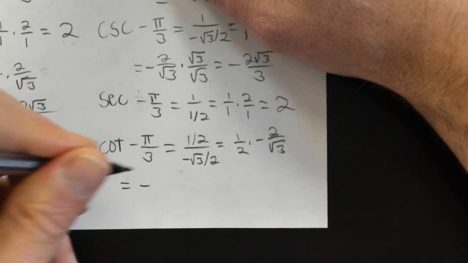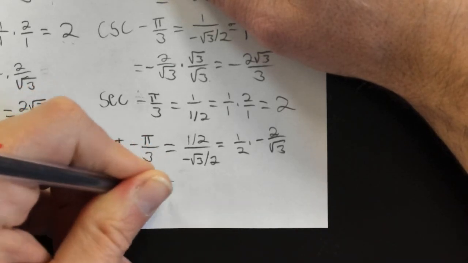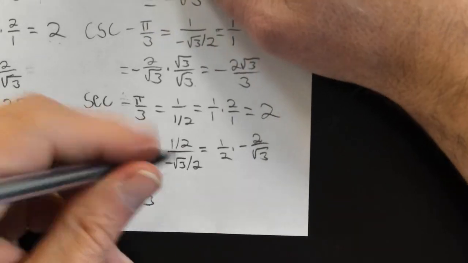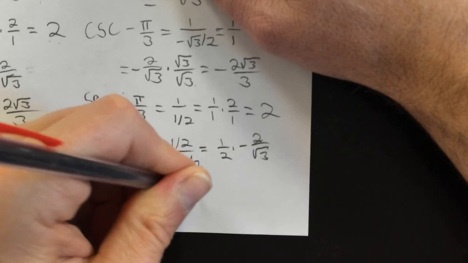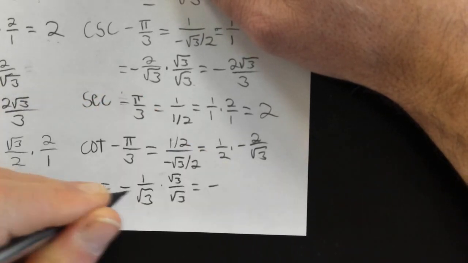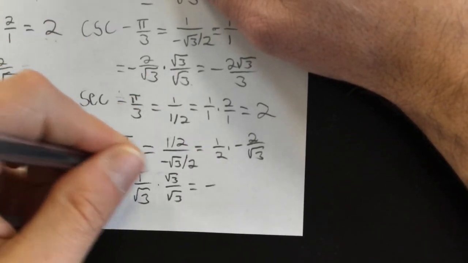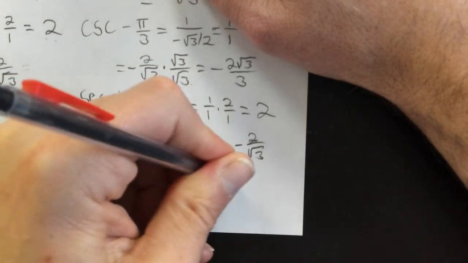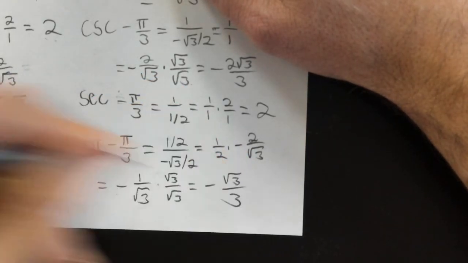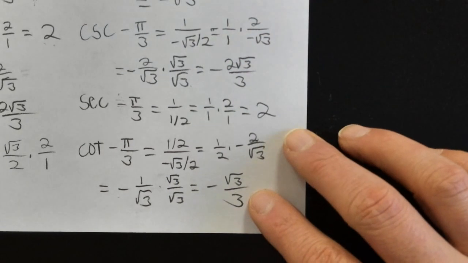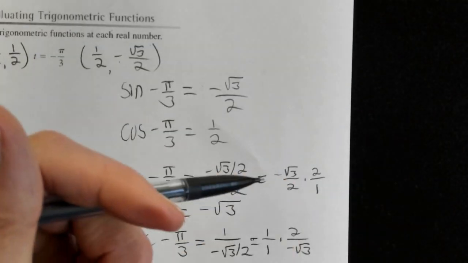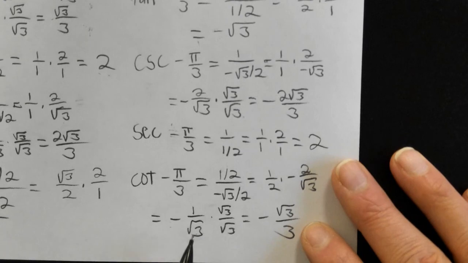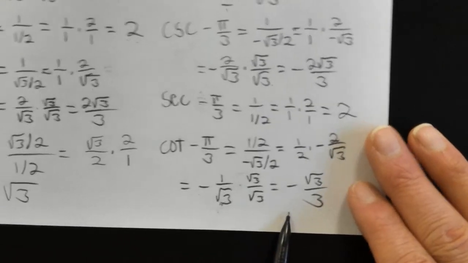Then that'll leave me with negative 1 over square root of 3. Now I'm ready to rationalize the denominator, square root of 3 over square root of 3, multiply that. Still negative, positive times a negative. And so that's going to leave me with negative square root of 3 over 3, which should be the reciprocal of what we got with tangent. And it is, because if we flip that, and then once you rationalize it, you're back to this one.